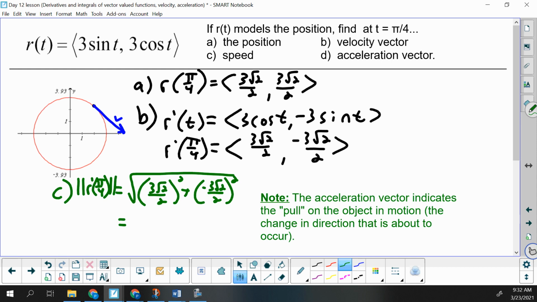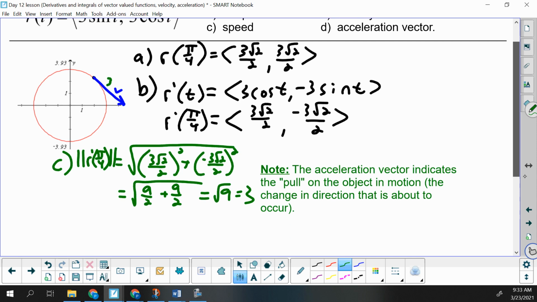If you square 3, you get a 9. Square a square root of 2, you get a 2. So that's 18, and then 2 squared is 4. So 18 over 4 gives us 9 halves for each of those. That's 18 halves, which is just 9, and square root of 9 is 3. So the length of that vector is 3, which is the magnitude of it.